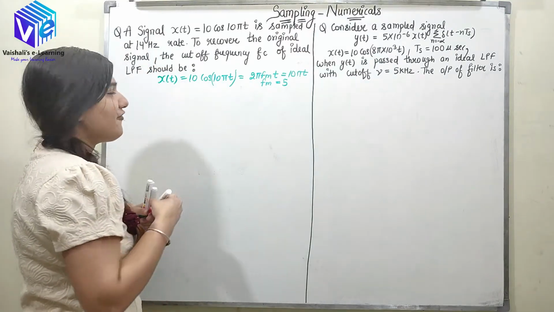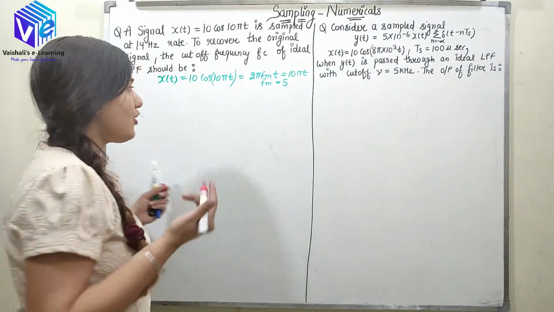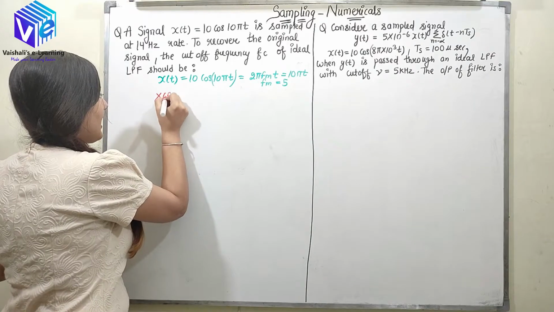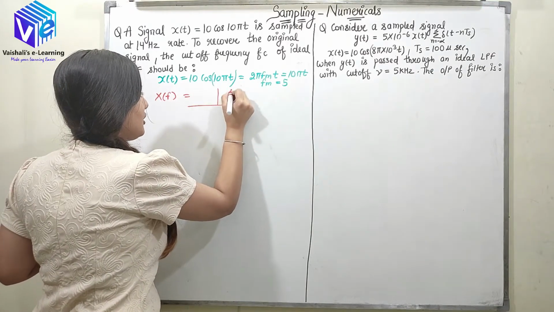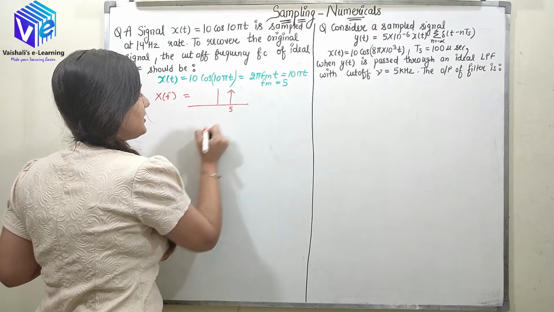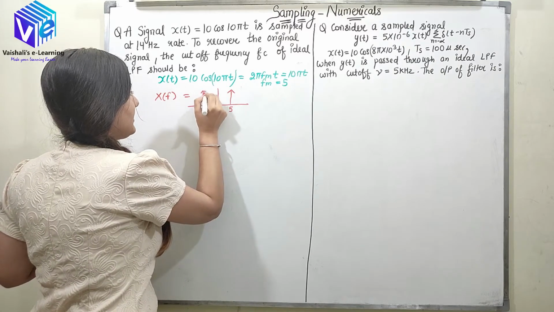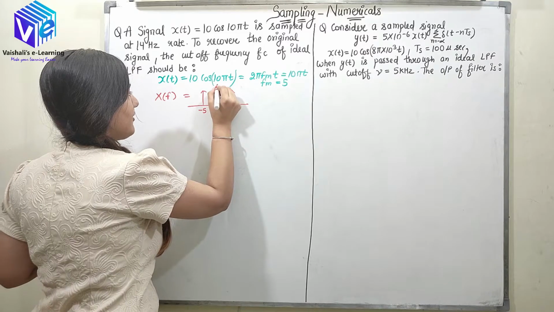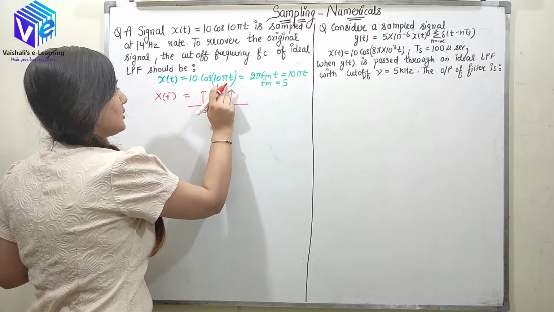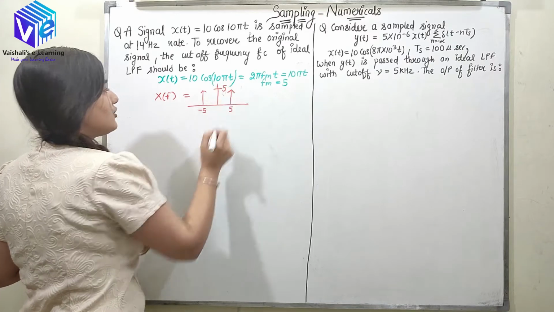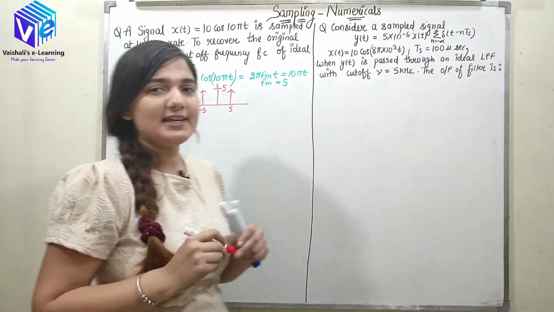If I want to represent X(f), it can be represented in terms of delta functions. I have the first delta function at 5 and the second delta function at minus 5, and the height would be 5. I hope you are very clear about it.